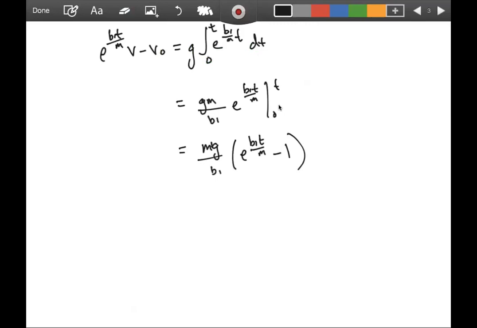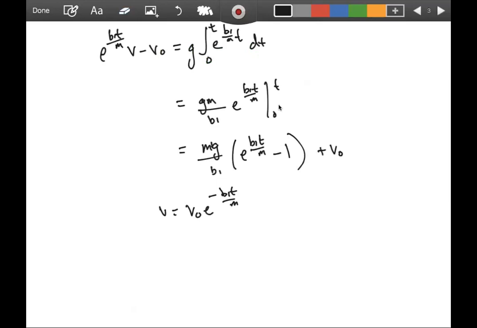Now, finally, what we want is the velocity as a function of time. So let's add v0 to both sides. And then finally, I want to get rid of the exponential here by multiplying by the negative of the exponential. Finally, v is equal to v0 e to the minus b1 t over m.